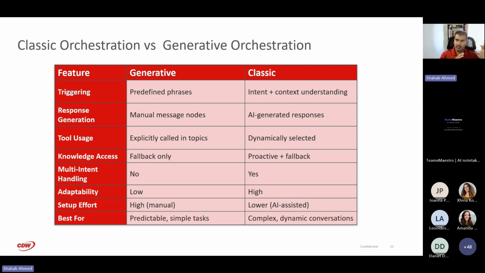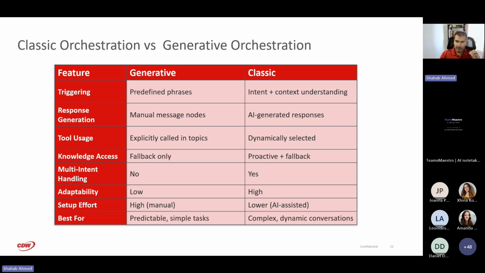In those cases, the term that's used is classic orchestration, right? It executes explicitly authored topics with fixed steps, and the fallbacks, if it doesn't meet those, are also very predictable.